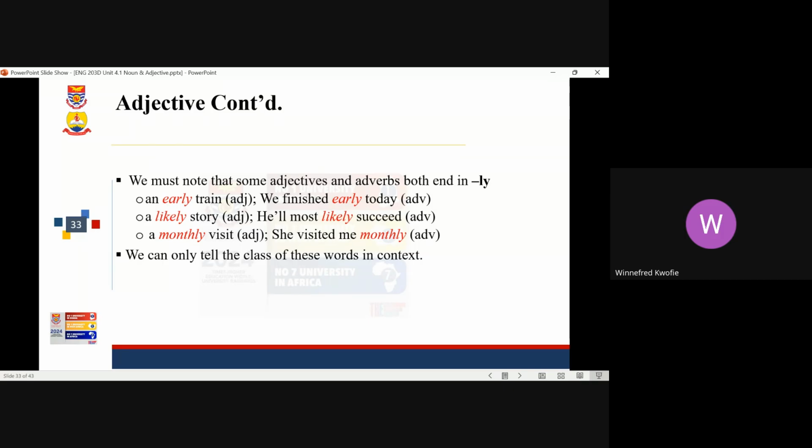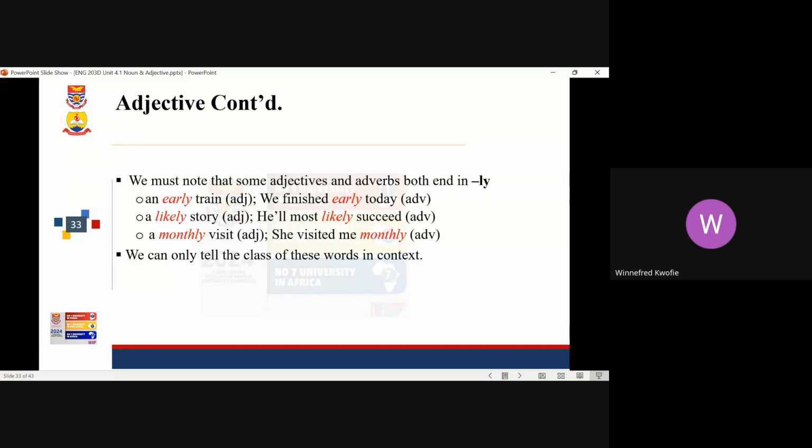It's the same with the second and then the third. A likely story. Story is a noun. And so if likely is modifying the noun story, likely becomes an adjective. But then most likely, I would most likely, likely is modifying the verbal group. And so it becomes an adverb.